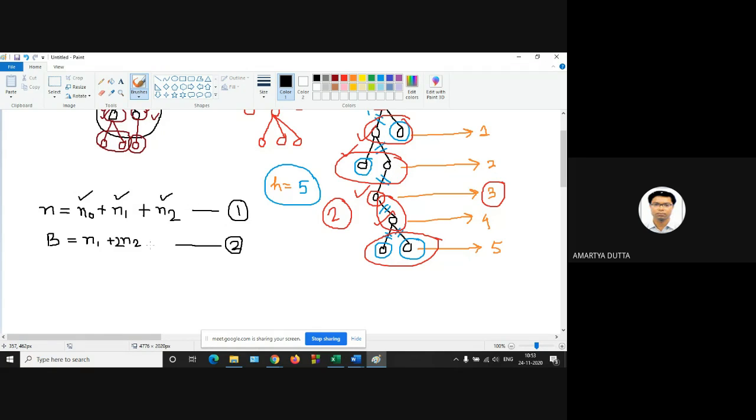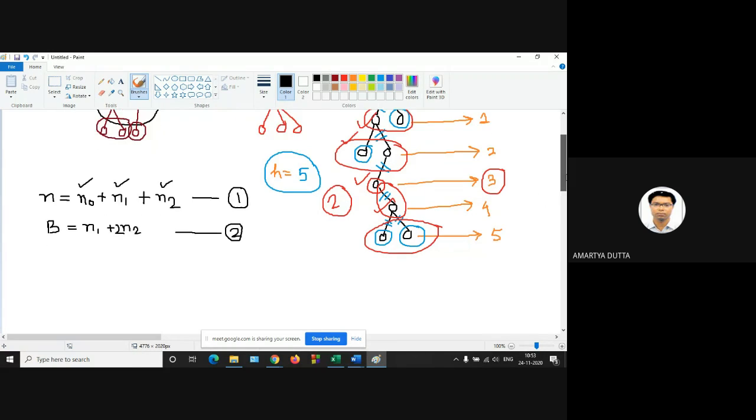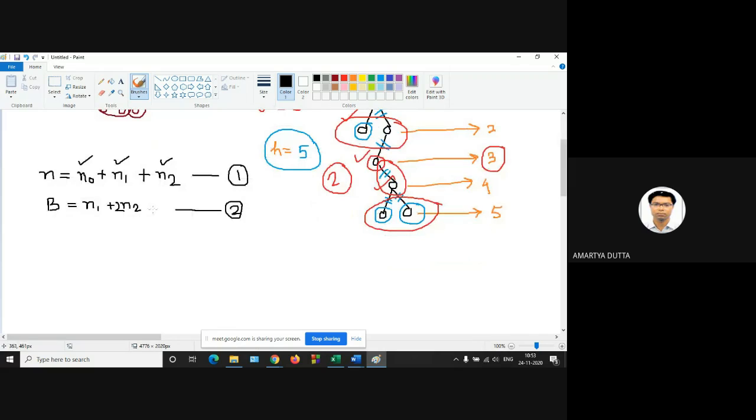How can I write this? Branch is equal to n1 plus 2n2. Any idea? Sir, obviously the nodes with zero children won't have any branches.